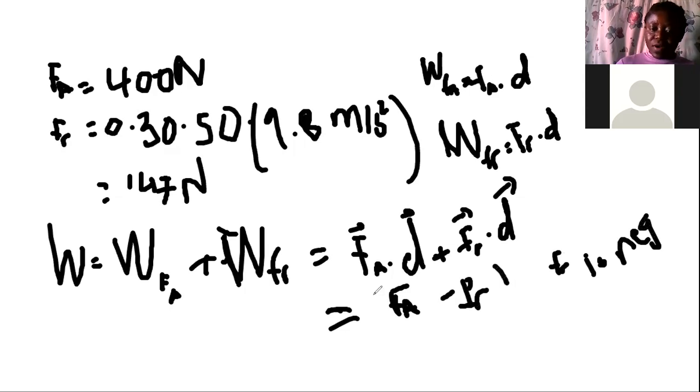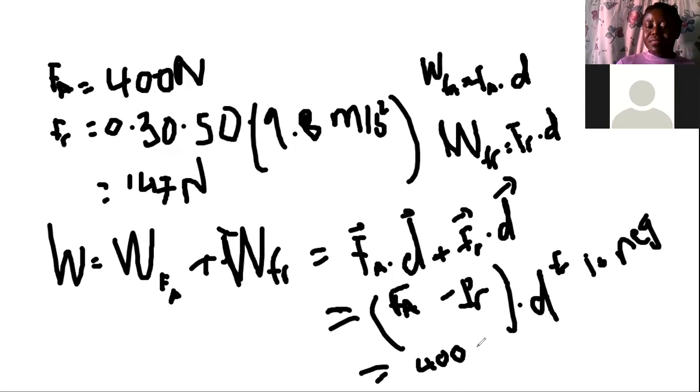I can factor that out, times the displacement. So I can substitute my values. I know what my applied force is, which is 400. I know what my frictional force is, which is 147.